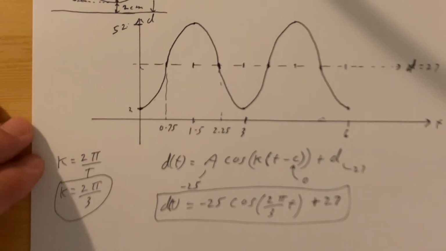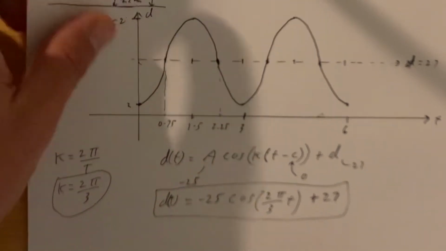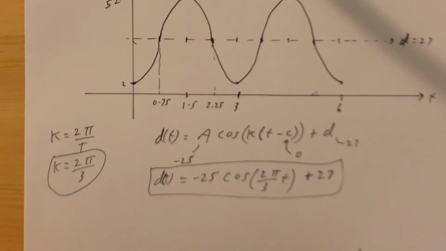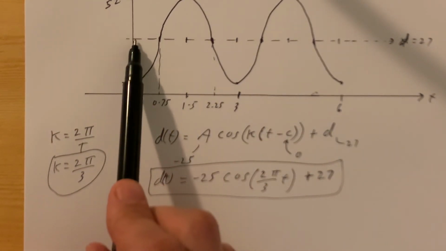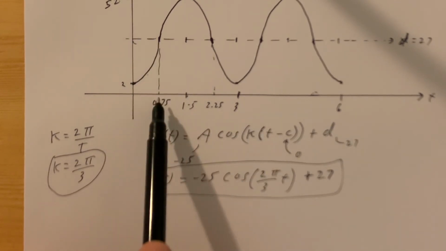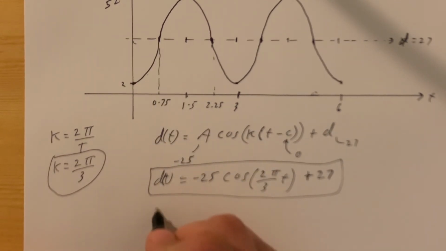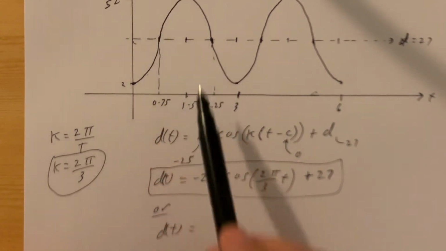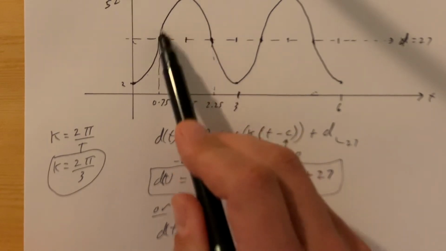Now, if you had to do it in terms of sine, well, this looks like a sine function that's been moved forward 0.75 units. Okay, so you could do d of t equals, and I'm going to say it's a positive 25 because this is going up.